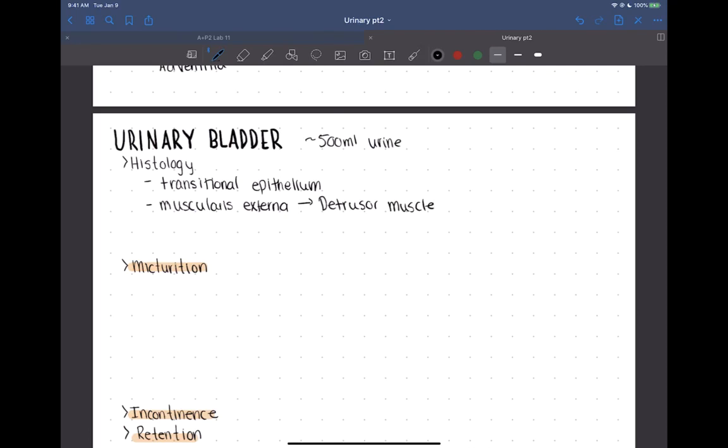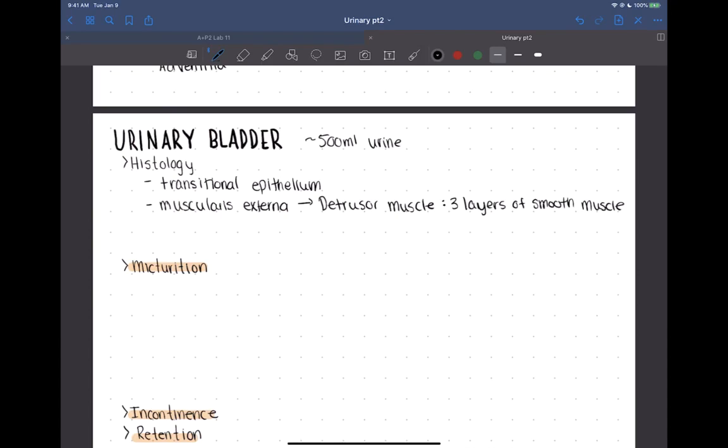It contains 3 layers of smooth muscle, and that is just there to help contract the bladder to force out all of the urine during urination. The bladder itself is going to be intraperitoneal.